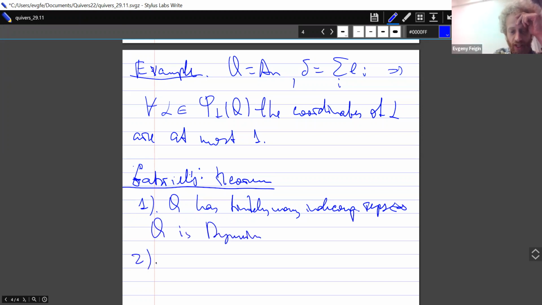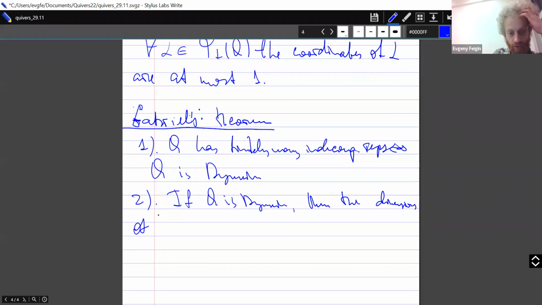And the second claim is that if Q is Dynkin, then the dimensions of the indecomposable representations are positive roots.